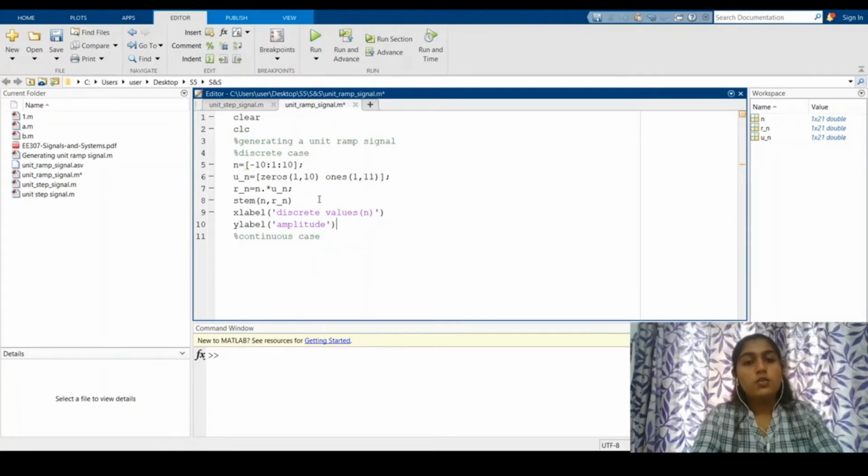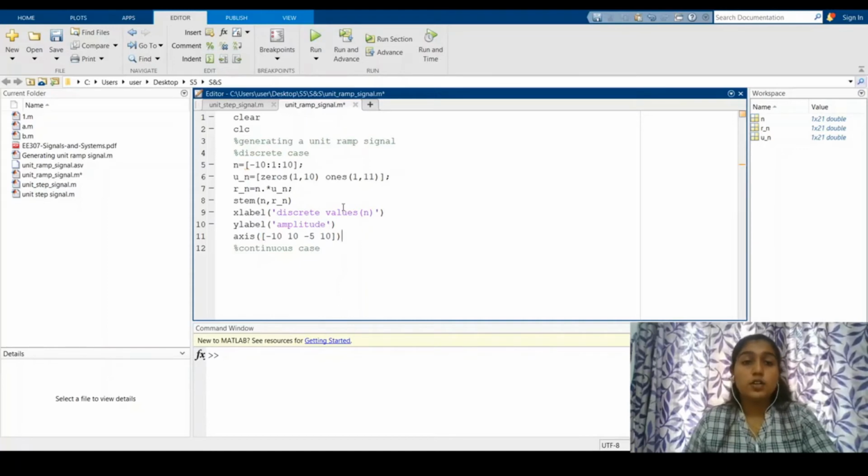Good. Now we can give the axis. Let the axis go from minus 10 to 10. Now these two are the x-axis values, and the next two that we give will be for the y-axis. So we can just give minus 5 to 10 as the y-axis, right? Good. Now we have the axis values as well.